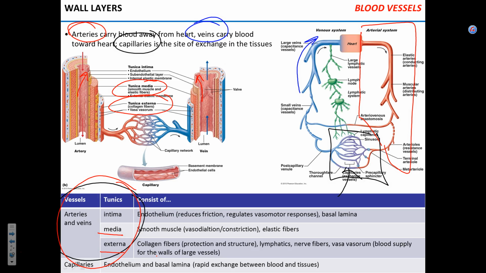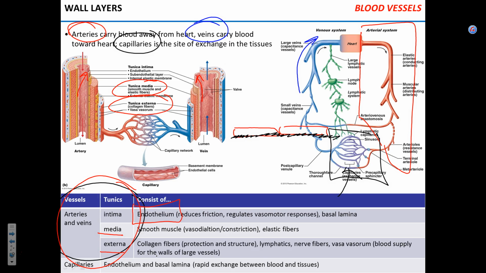Tunica intima consists of a layer of squamous epithelial cells that we call endothelium. Okay? Endothelial cells, which I can depict something like that, are pretty flat and are attached to the basement membrane that is often called a basal lamina.